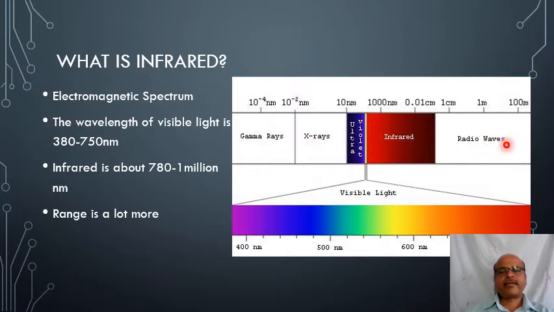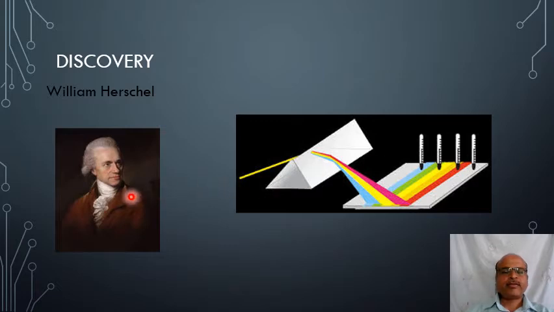Gamma rays, x-rays, and radio waves are also in the spectrum, and the infrared range is as shown in this diagram. As already mentioned, William Herschel first discovered this infrared radiation.